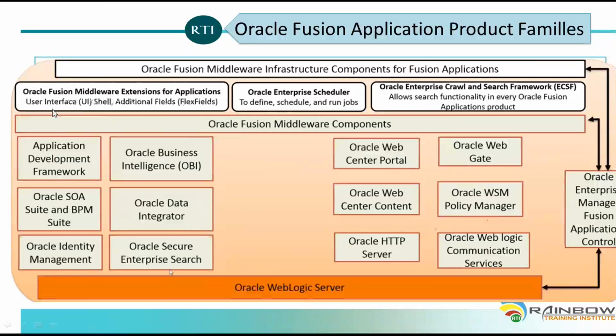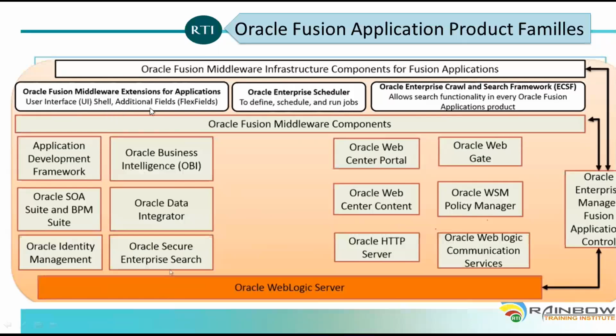Here you can see the user interface, which means the interface shell, where we can do personalization and customization. Personalization in Fusion is what we call a sandbox. Using the sandbox, we personalize and customize. When you do the personalization and customization, the extensions are stored in this particular component.